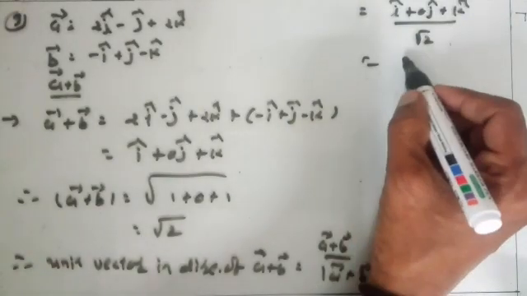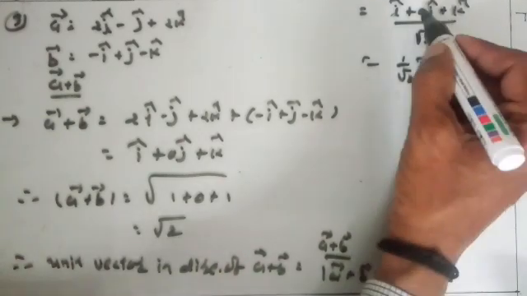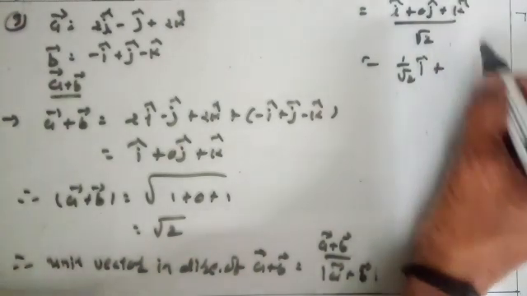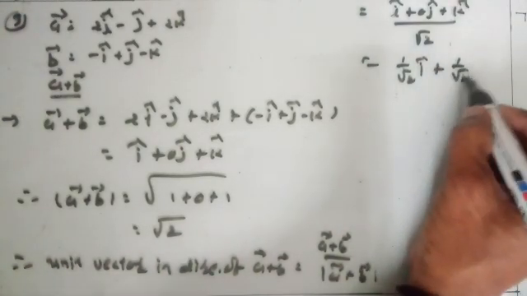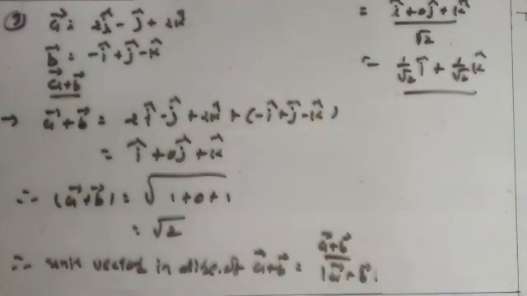So it is equal to 1 upon root 2 i plus 0j upon root 2, that is nothing, that is 0, plus 1 upon root 2 k. Clear? So this becomes the unit vector in the direction of A plus B.